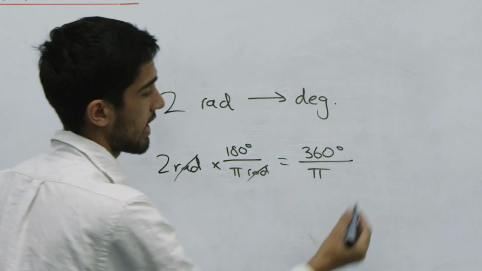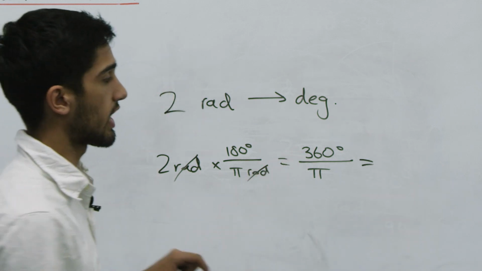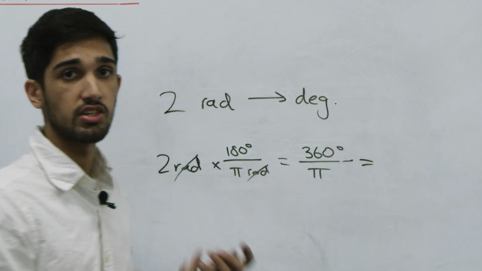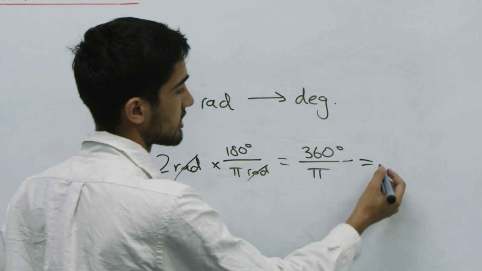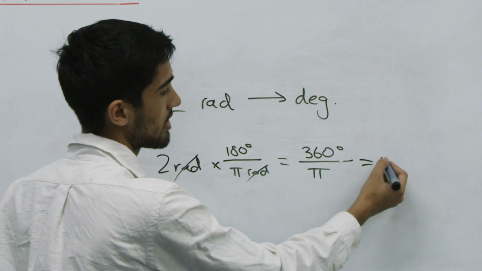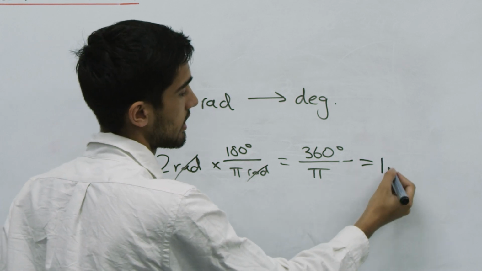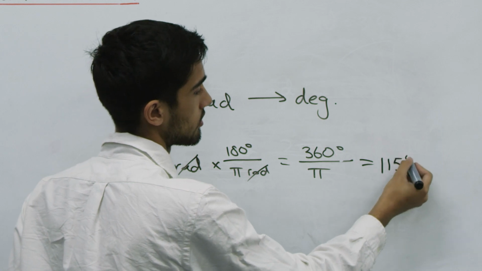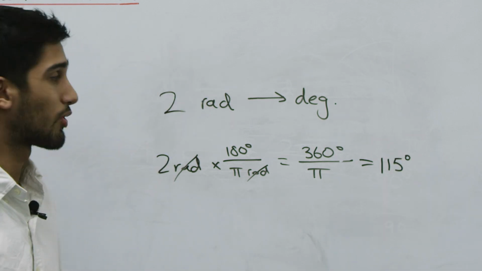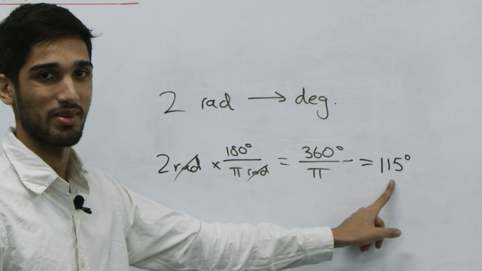Okay? For your final answer, you should type into your calculator 360 divided by pi, and you'll get an answer of approximately 115 degrees. That's approximate because I do not have a calculator on me at the moment.